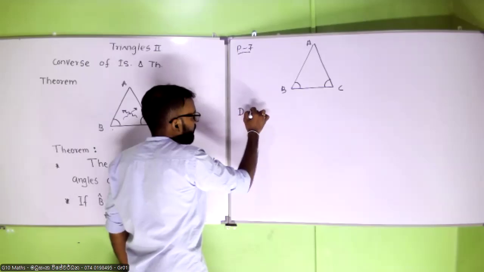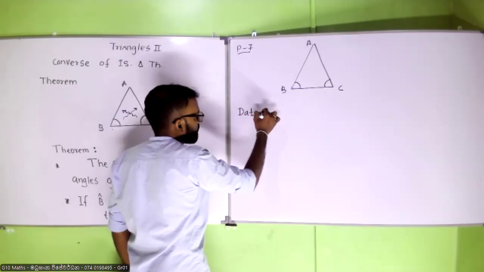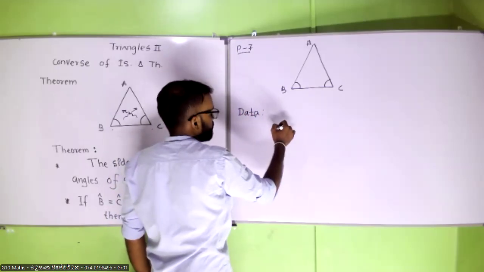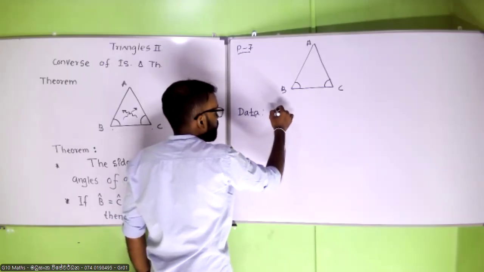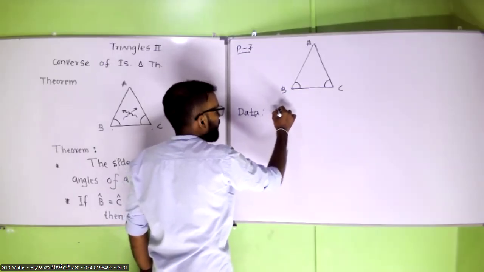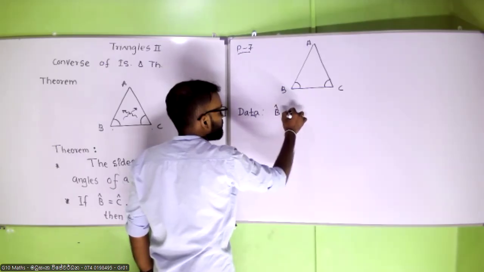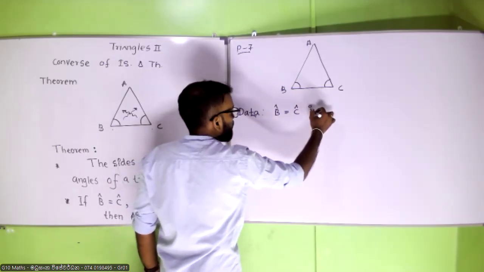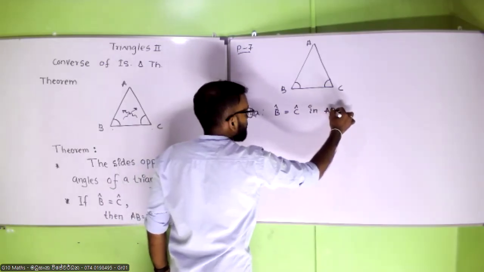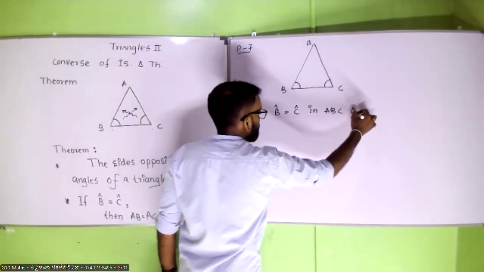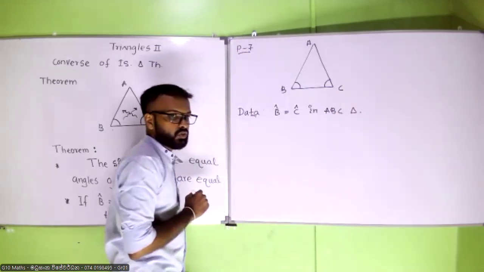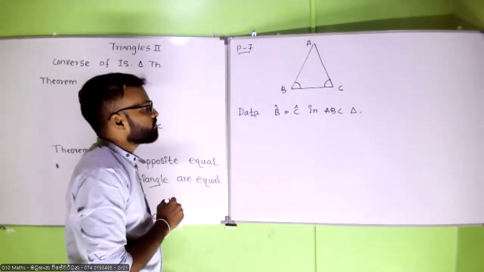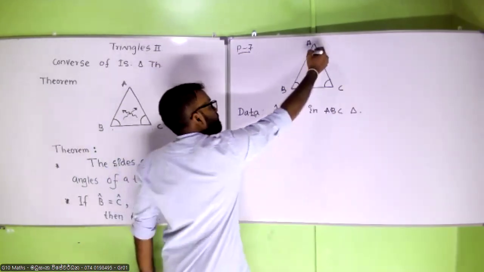I am going to write the data. So you have to explain the figure. Let's write angle B is equal to angle C in triangle ABC. That's all. Picture I need. That's all. Correct?